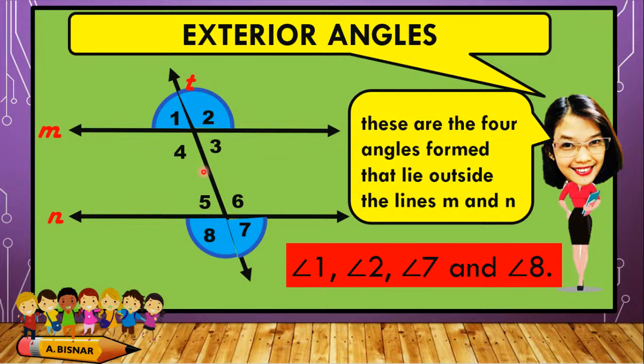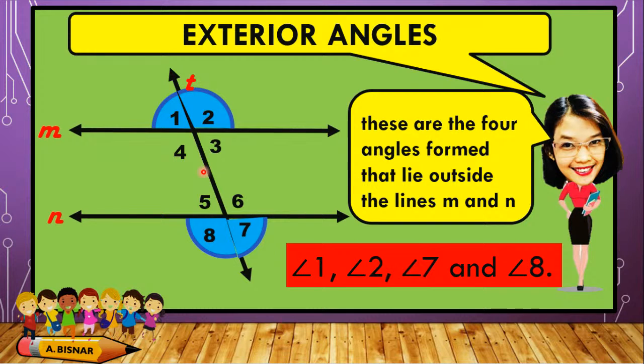So, sa palagay nyo, ano yung second? Ano yung sunod kong itatanong? So, we already studied about interior angles. And then, tinanong ko yung alternate interior angles. So, ano kaya ang sunod nating hahanapin aside from exterior angles? Ano po kaya? That's correct.